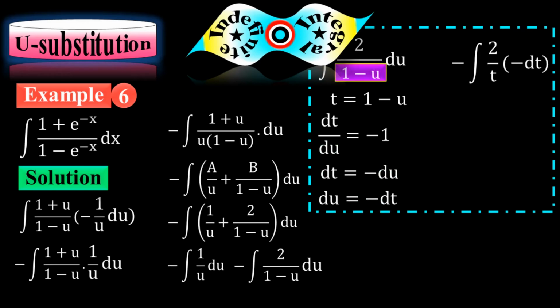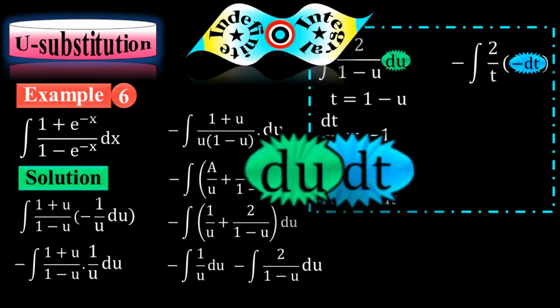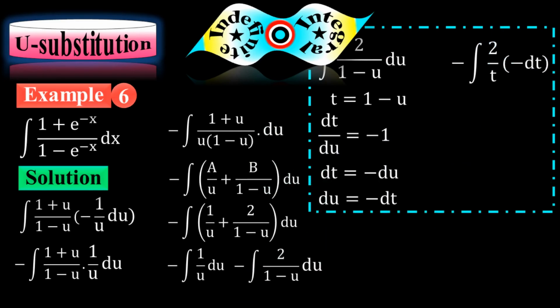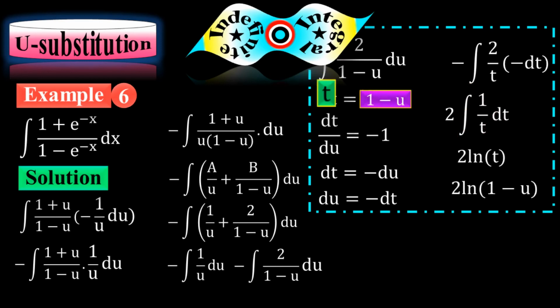Just replace 1 minus u by t and du by minus dt. Pull out 2 here at the outside. Minus times minus will be plus. So we can write 2 times the integral of 1 over t dt. Take its integration. We have now 2 natural log t. Substitute back the value of t, which was 1 minus u.